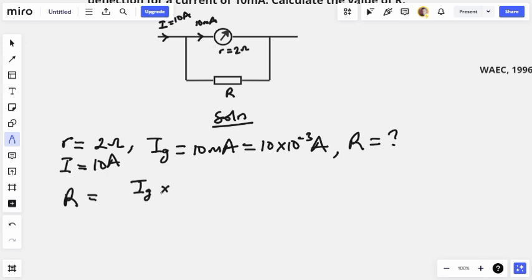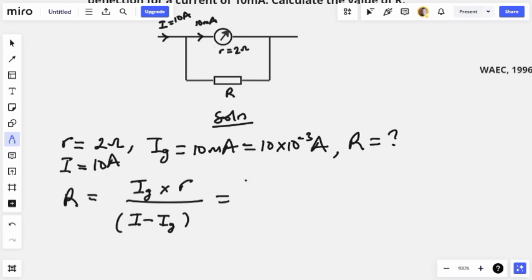Galvanometer current times galvanometer resistance, divided by ammeter reading current minus galvanometer current. So we substitute that to get what we want.